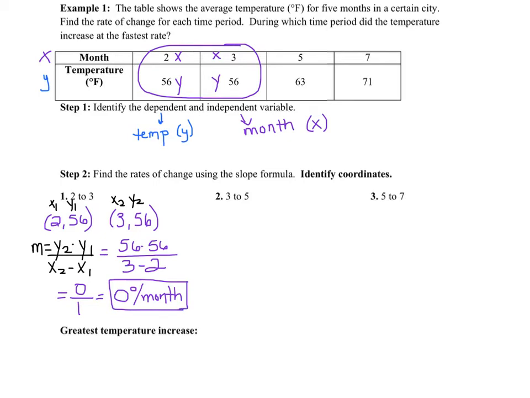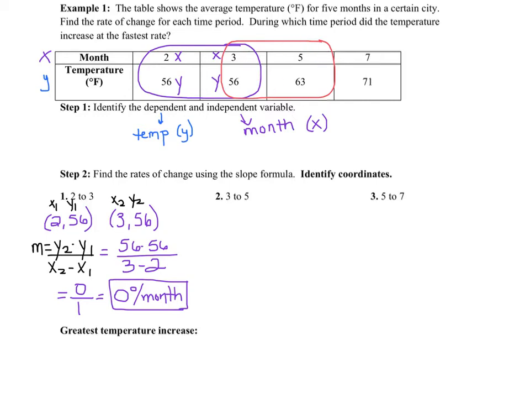Now let's look at the second one. It says 3 to 5, so we want to find our rate of change from 3 to 5. Let's look back at our chart. Remember, you want to identify your coordinates, so this is your x and y, and this is your x and y.